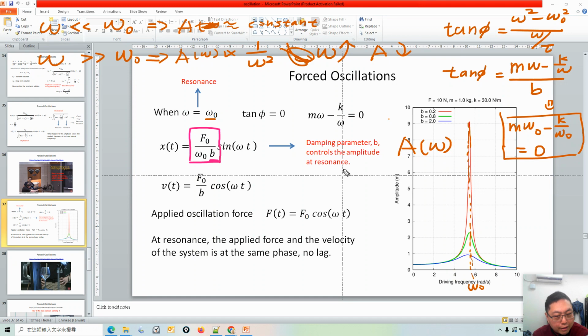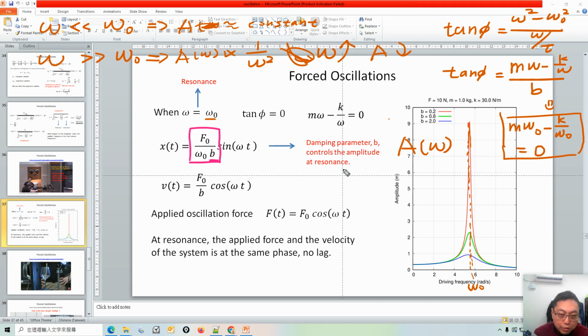I think this is very intuitive. If you have a large damping force, of course, you will have a smaller amplitude. If you have a very low damping force, at the resonance you have a very large amplitude because you have low resistance, right? A small damping parameter means low resistance.